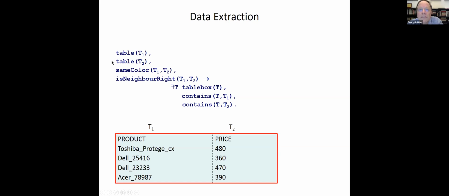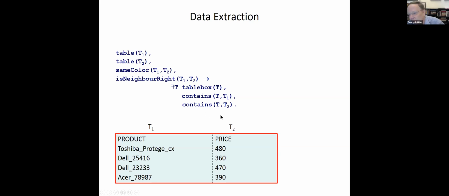And so you could have a Datalog rule that says: table T1 and table T2, and if T1 and T2 have the same color, and if they are immediate neighbors, neighboring(T1, T2) — of course you have to define this predicate with some other clauses — then, in the process of analyzing this web page, we create a new object, that's T, and we call it table box, and this object contains T1 and T2.